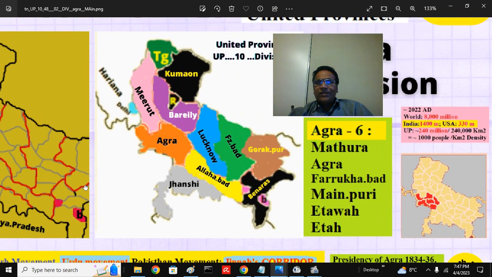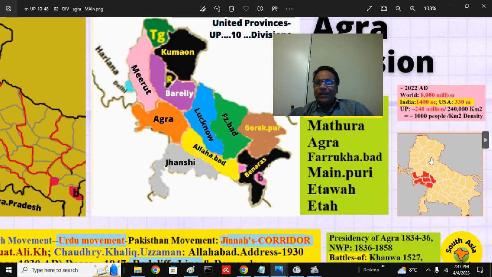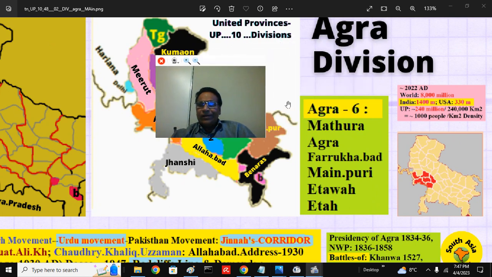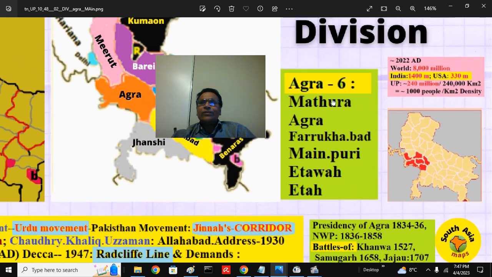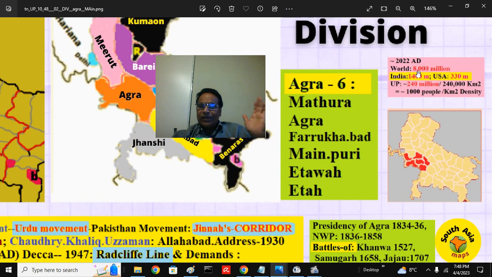And here you can see a different perspective of the Agra division. Why is the Agra division very important, why is United Province very important? Because the planet Earth as of 2022 has 8,000 million people.